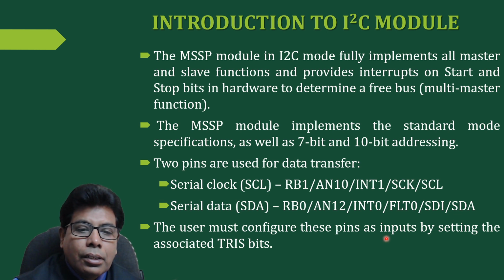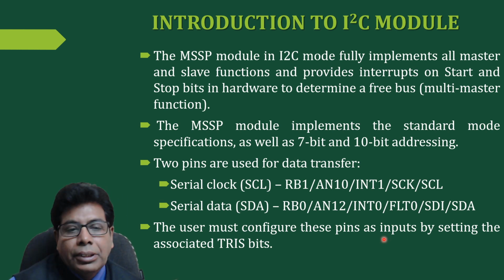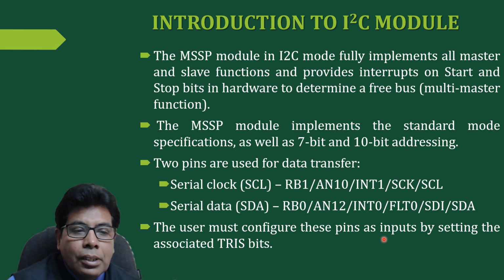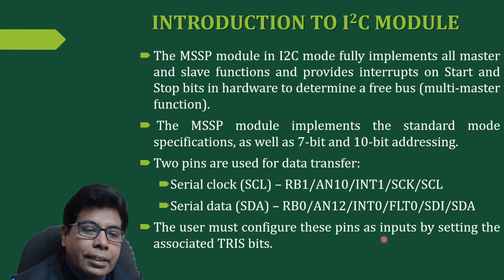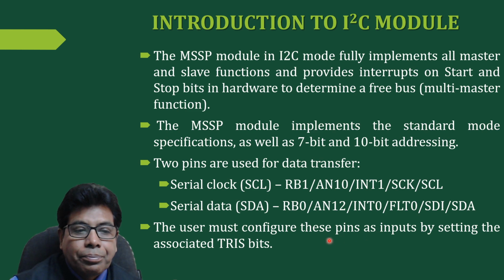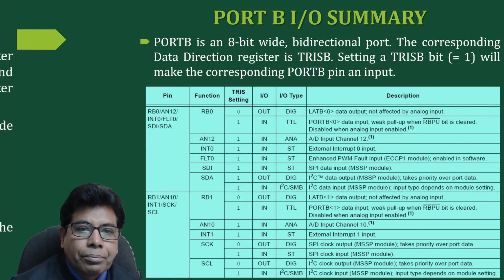So when we want to use these pins, they must be input, and this is done with the help of the TRIS bits, that is the direction bits for port B. Let us see how it can be done.